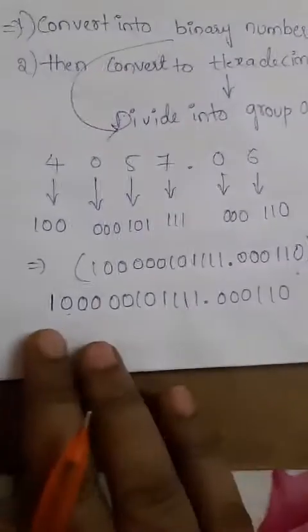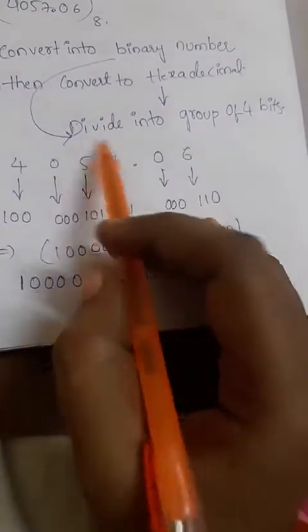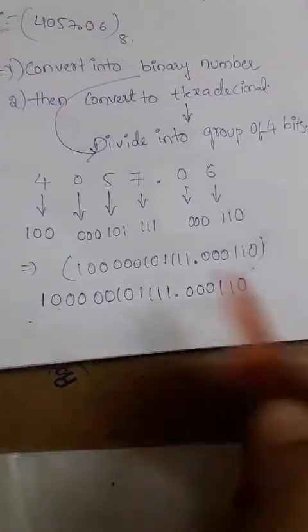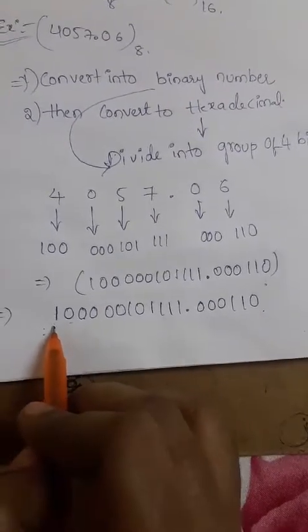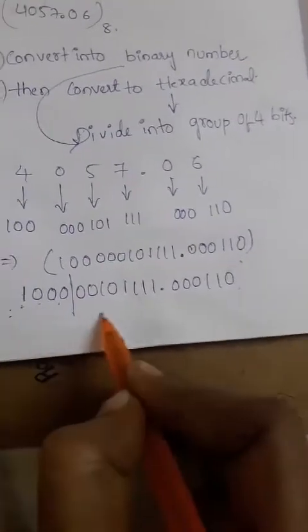Now divide into groups of 4 bits. From where to where do we divide? We divide from the MSB to the LSB. So I can divide from here into groups of 4 bits.